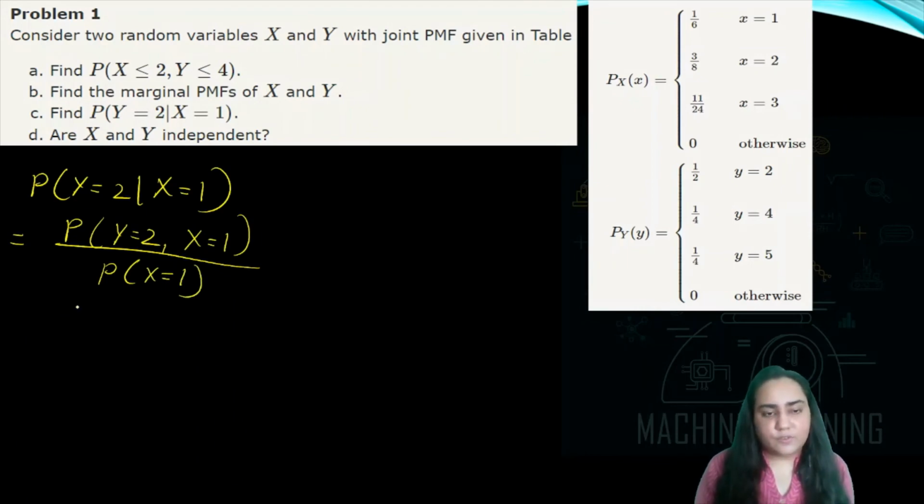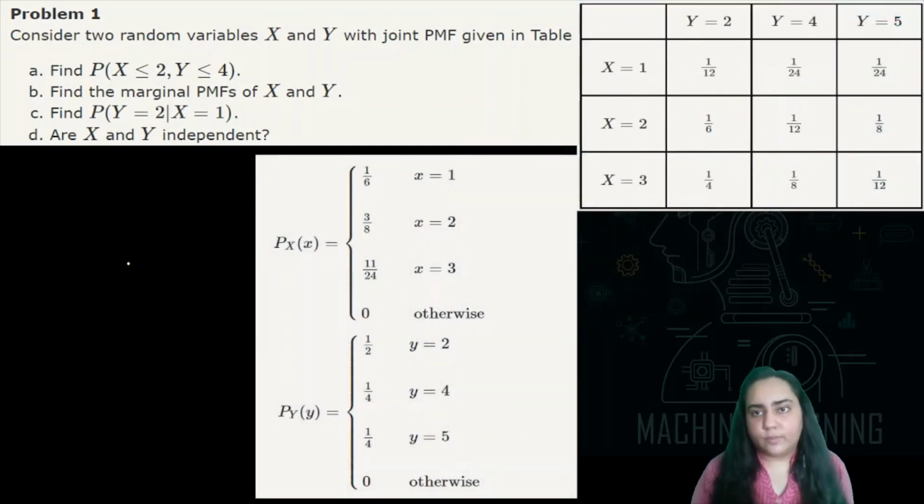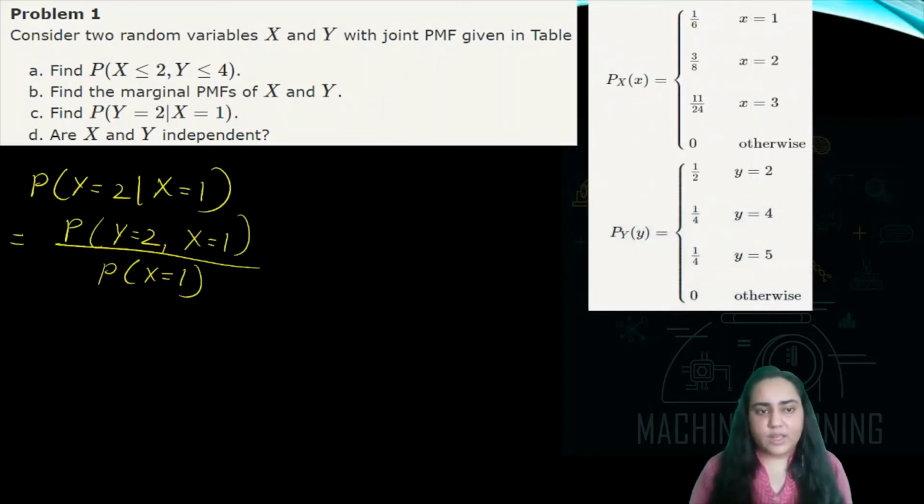So that's what we have to find out. Now, what is y equal to 2 and x equal to 1? So let's just go back to what we had previously. So we had, this is y equal to 2. This is x equal to 1. The joint probability is 1/12. So we can have our answer directly over there, that this is 1/12.